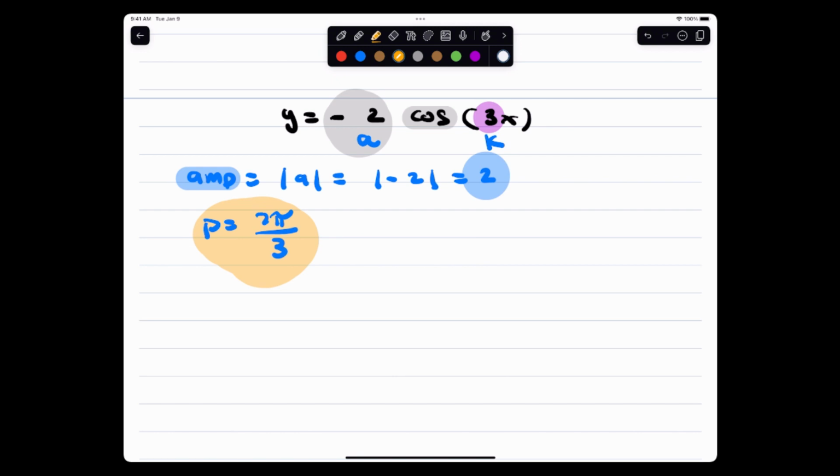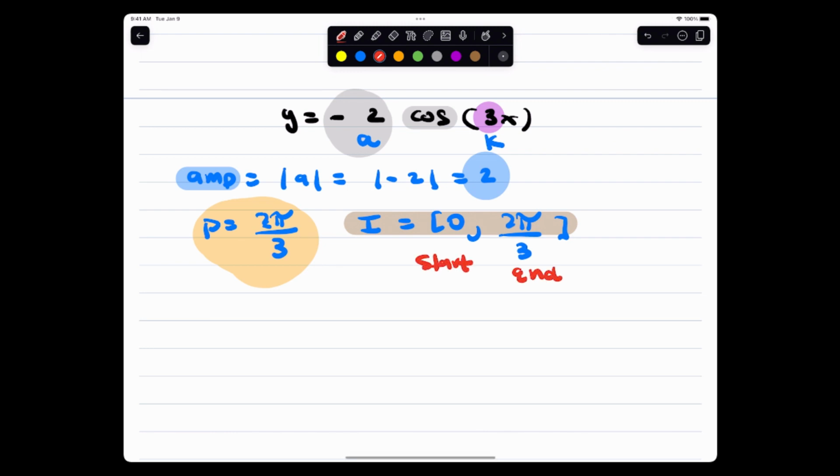Period is 2 pi over 3, is that right? What's your interval of one cycle now? You start at 0, and you end at 2 pi over 3. Start at 0 and 2 pi over 3.